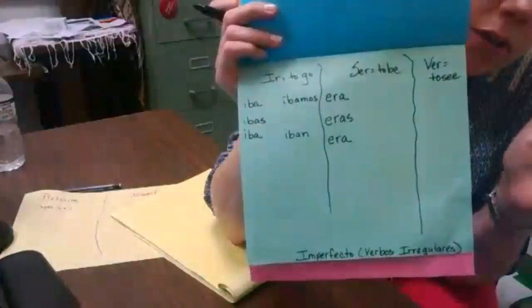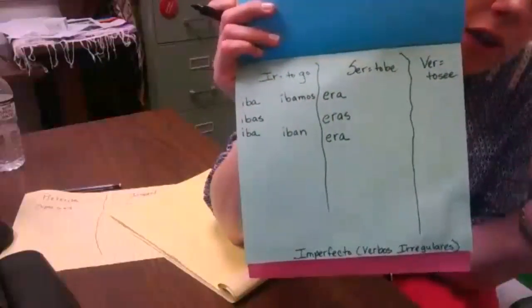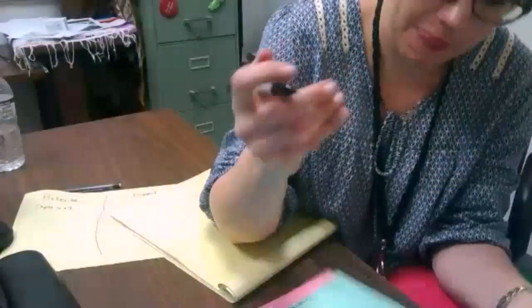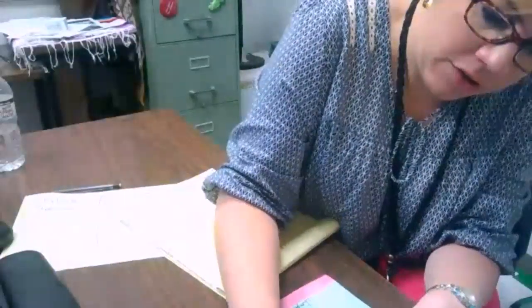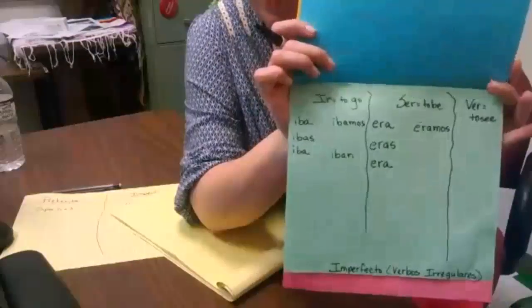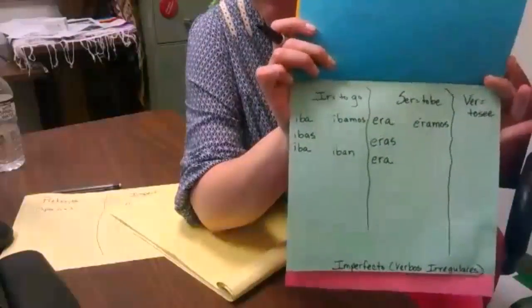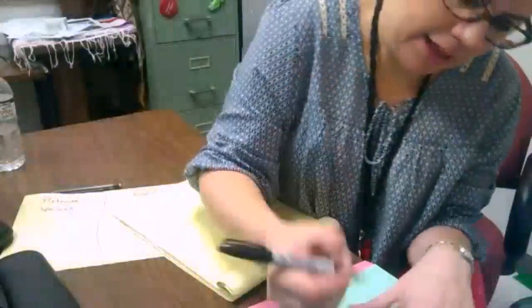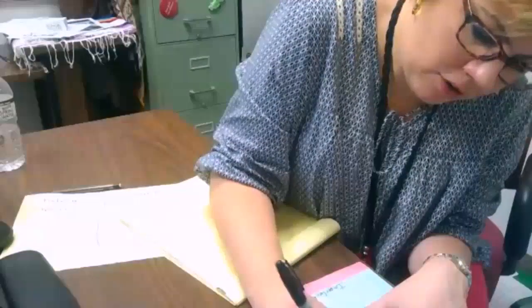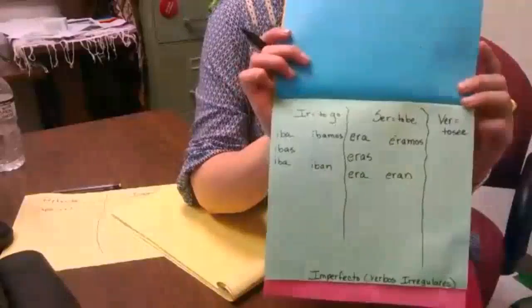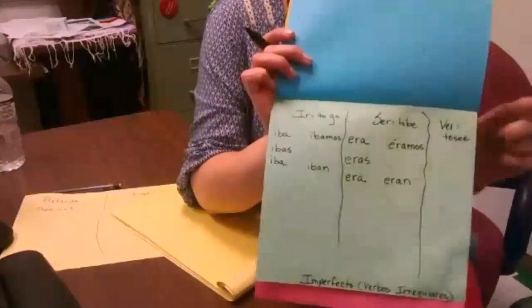He or she, or you formal used to be, or he or she was, or you formal were. Nosotros éramos, with an accent mark over that E. We used to be. In the third person plural, ellos, ellas, and ustedes eran. They used to be or y'all used to be.